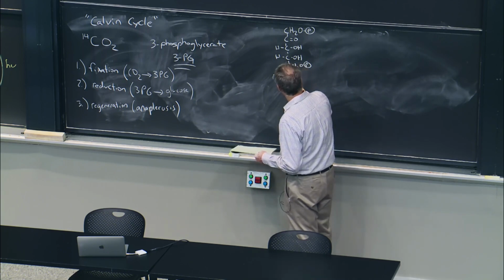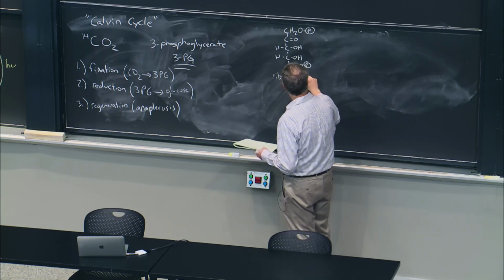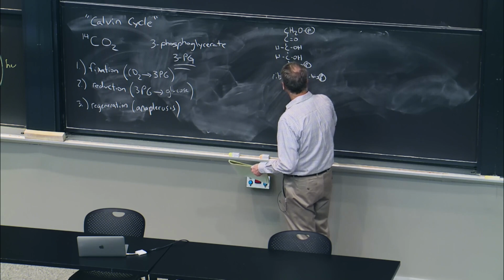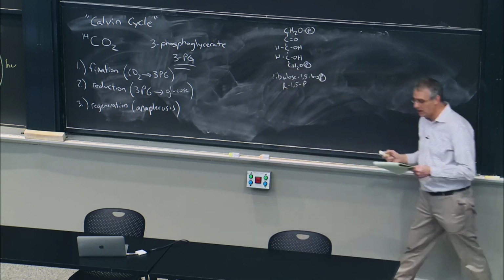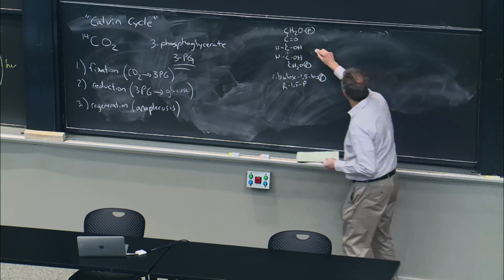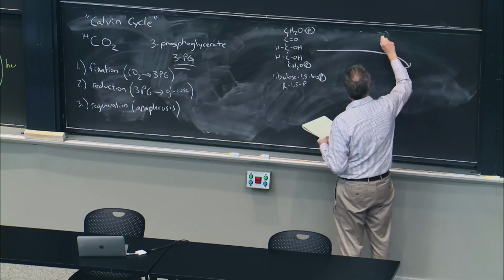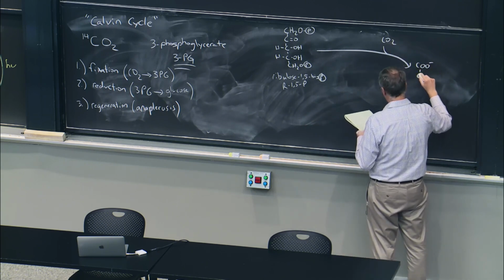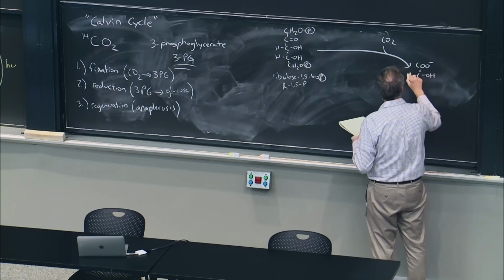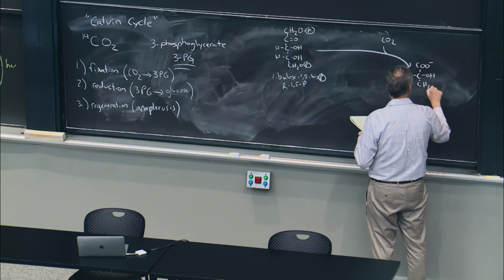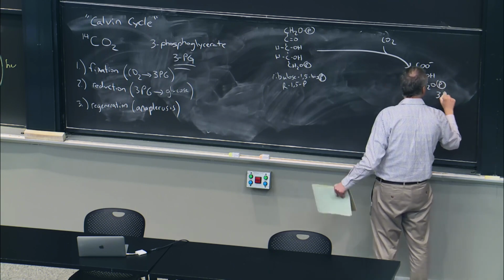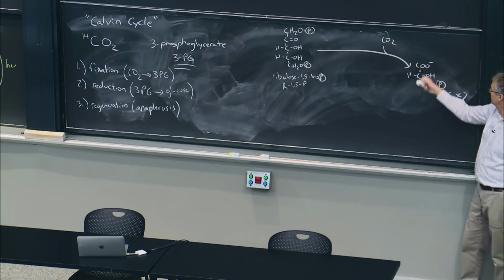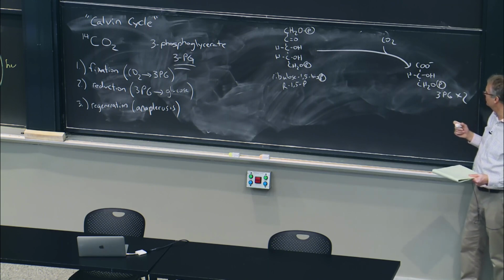So this is ribulose 1,5-bisphosphate, which I will abbreviate R15P, all right? So ribulose 1,5-bisphosphate will pick up a CO2 molecule, and it will make 2 3-phosphoglycerate molecules. So 5 carbons plus 1 carbon equals 6 carbons. Break them in half, 2 3-phosphoglycerate molecules. All right?